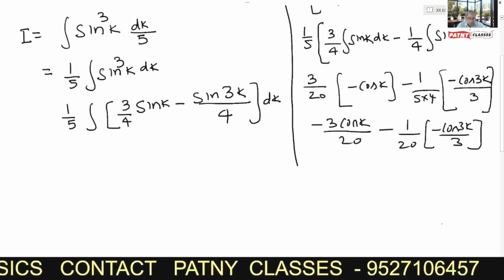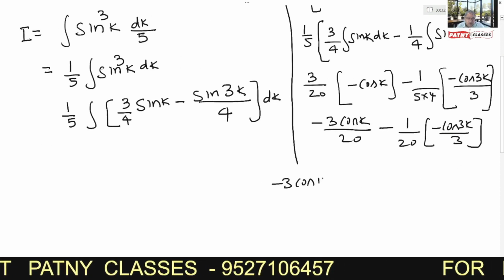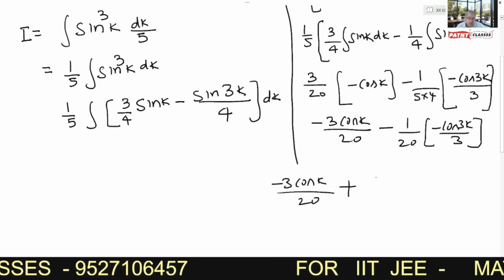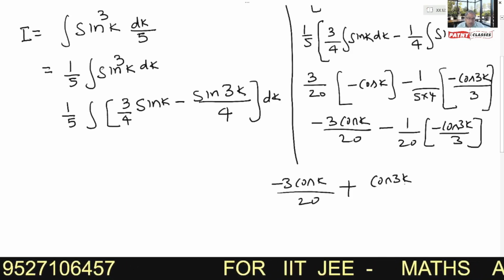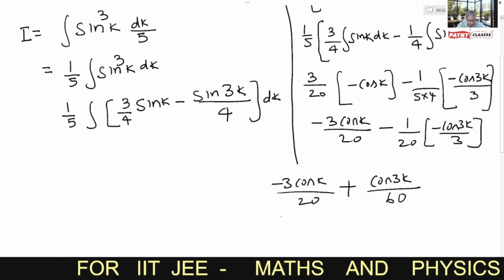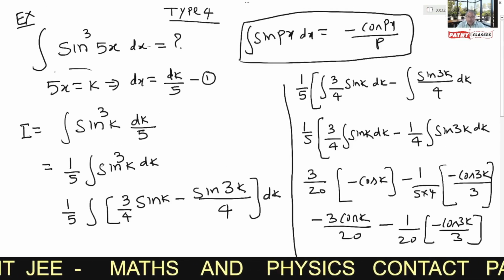Now further opening the bracket, it becomes minus 3 cos k upon 20 and plus cos 3k upon 60. Back substitution, k equals 5x.